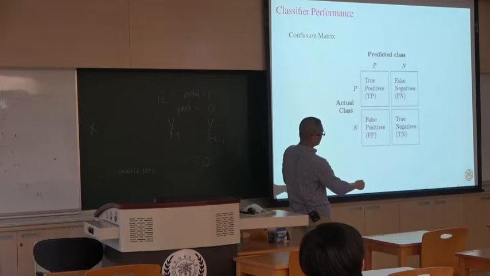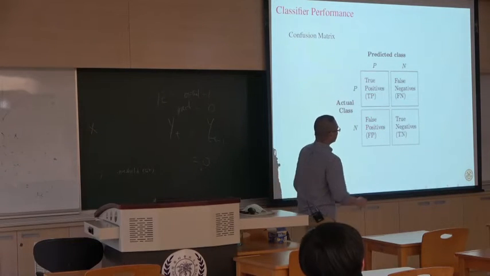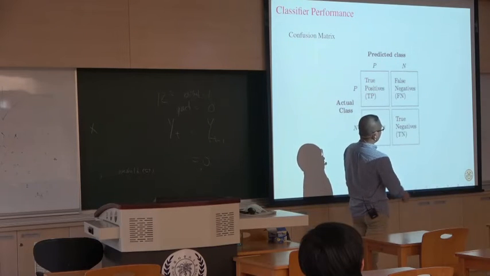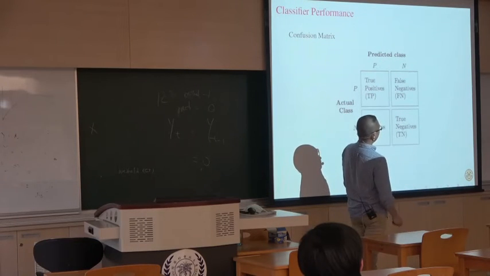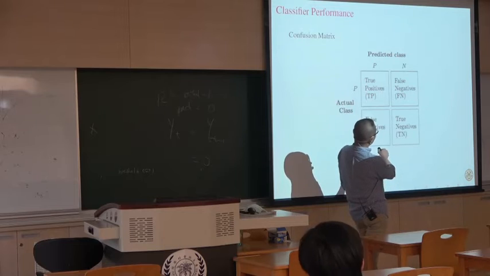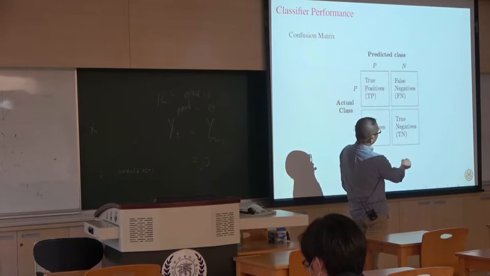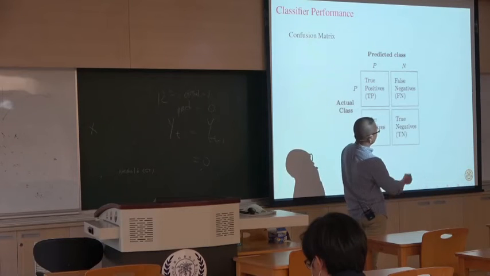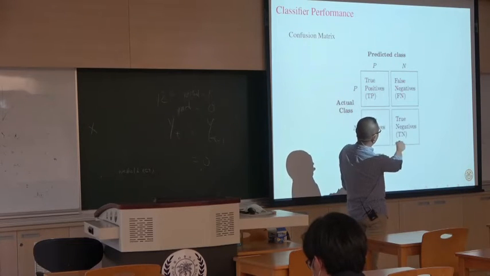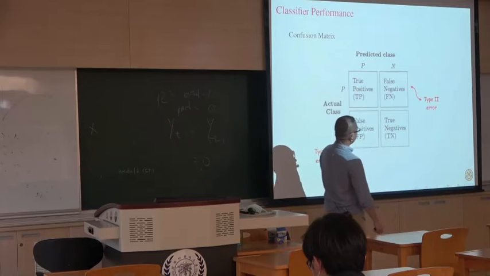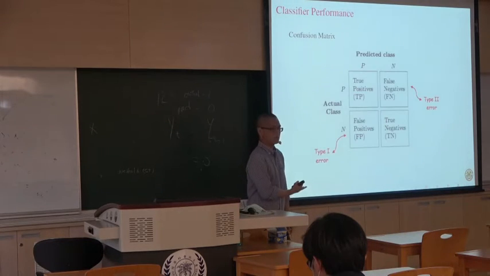You predict to be positive, but it's false. So now we get to this one. False negative. That corresponds to type 2 error. That means that the actual case is positive, but you predict that to be negative or 0, right? So that's false. Because the actual case is positive. Make sure you understand this.